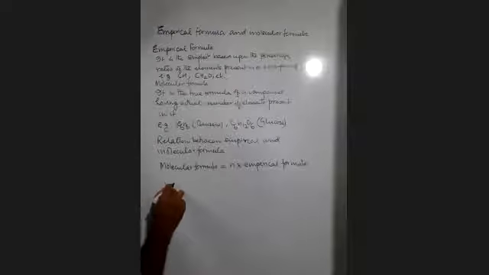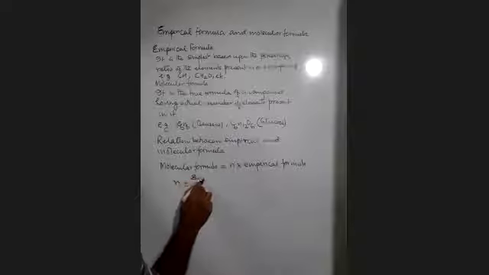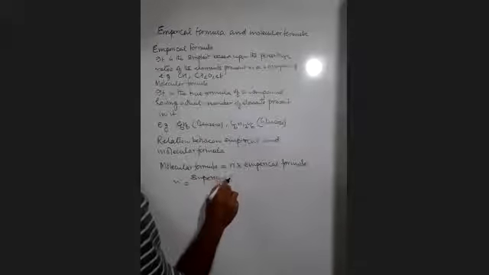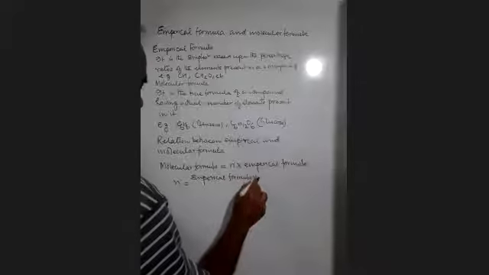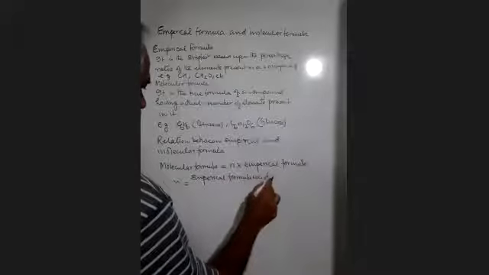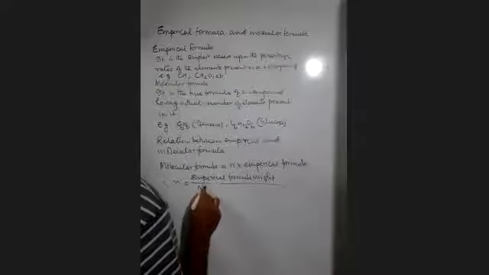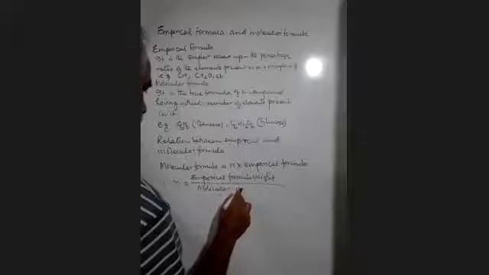So for that, what do you write? n is equal to molecular weight divided by empirical formula weight.